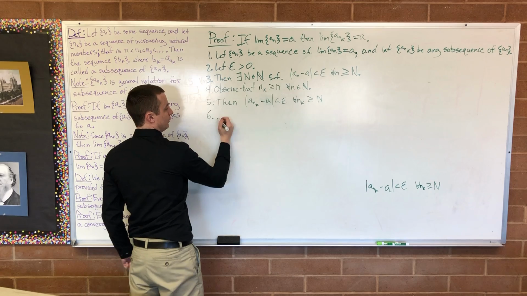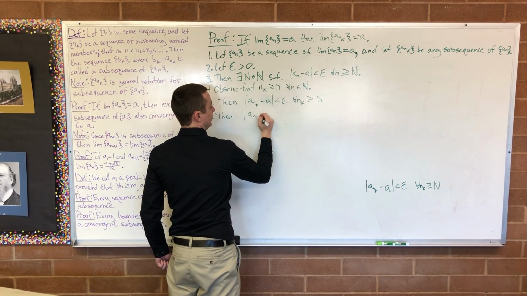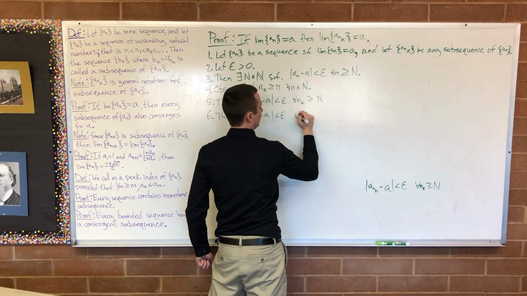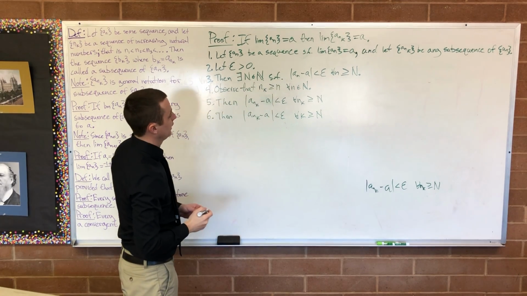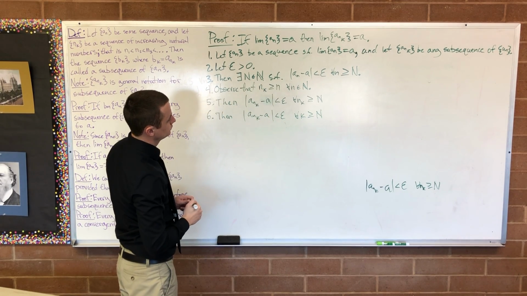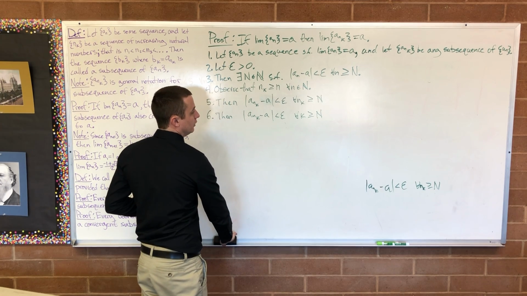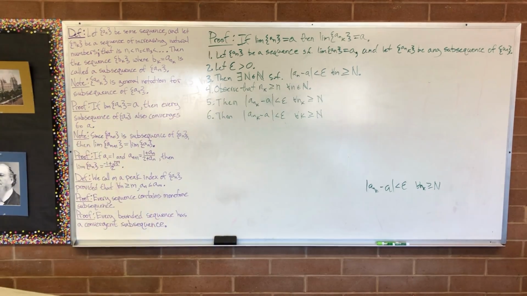And 6, I guess I can say it this way: then a sub n sub k minus a is less than epsilon for all k greater than or equal to n. Maybe that's a better way to say it. Do you like that better?